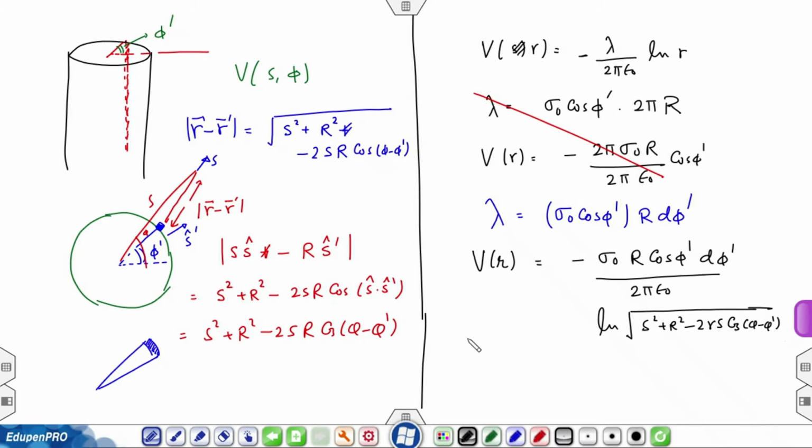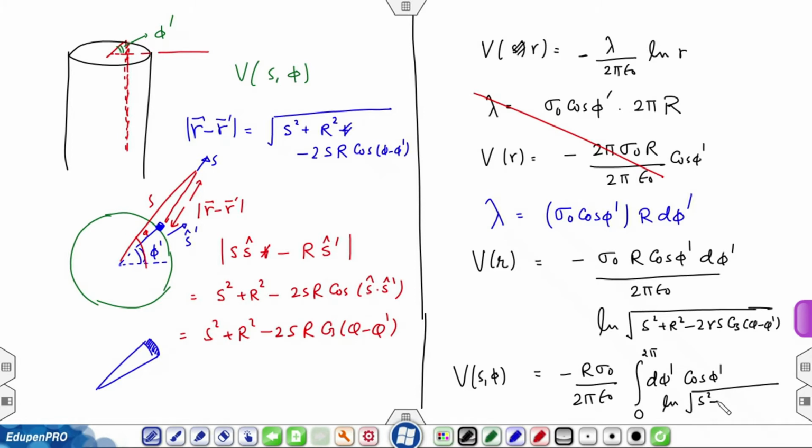And therefore, total V at distance s and phi is going to be an integral over this, which I can write as minus r sigma naught over 2 pi epsilon 0 integral phi prime varies from 0 to 2 pi d phi prime cosine phi prime log of square root of s square plus r square minus 2, that should have been capital R, 2 s r cosine of phi minus phi prime.